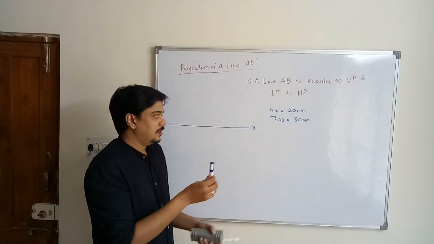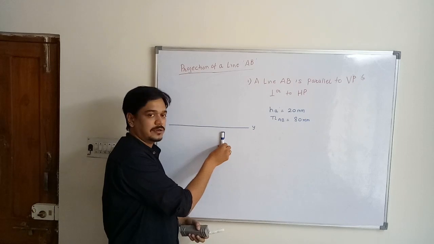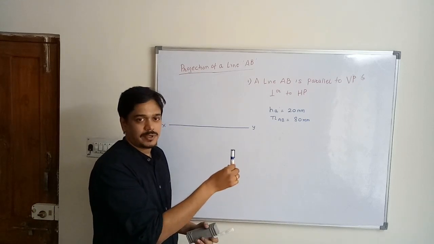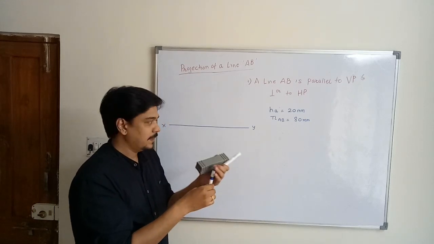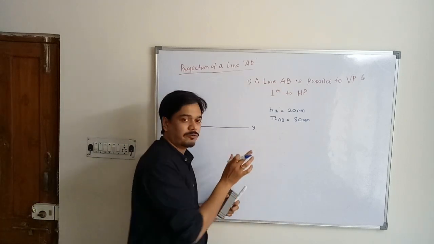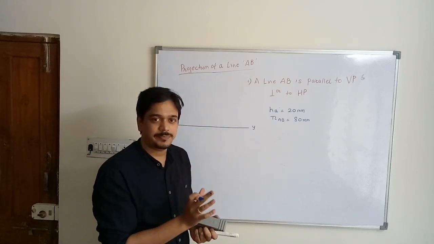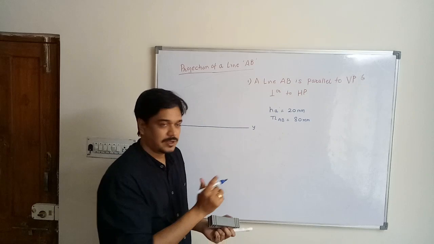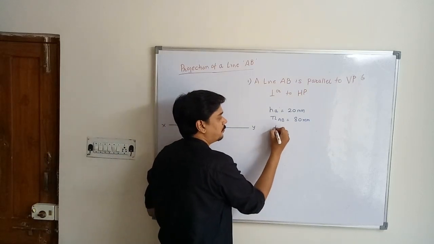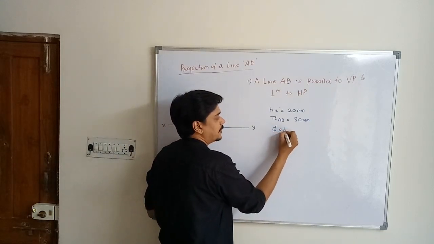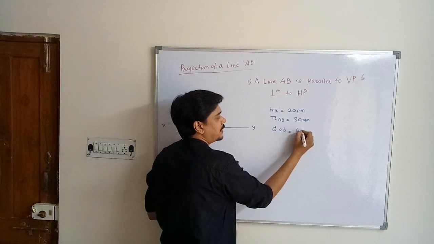Let us assume that this line is 40 mm in front of the vertical plane. This in-front-of distance is termed as depth in this case. So the depth of line AB is equal to say 40 mm.